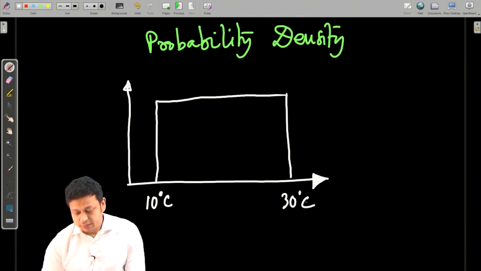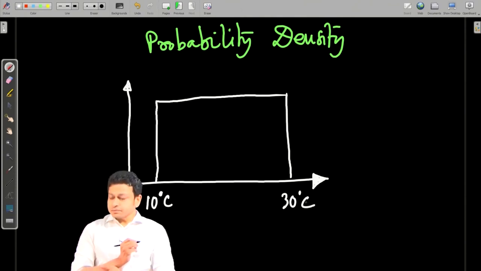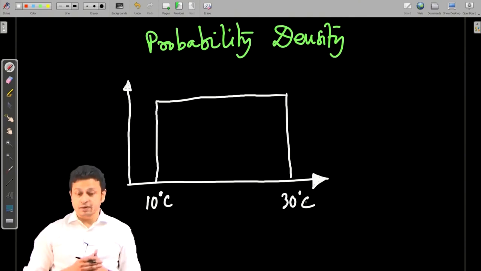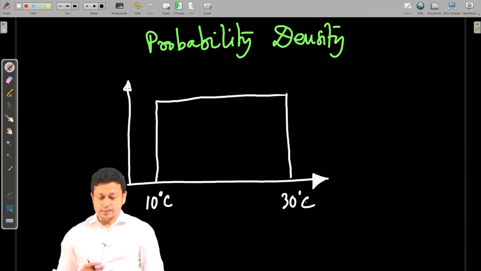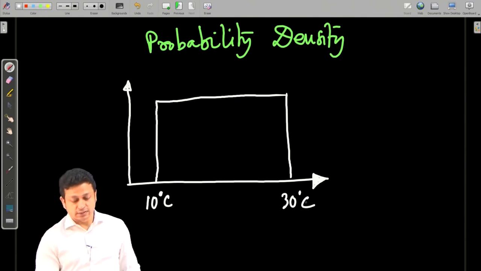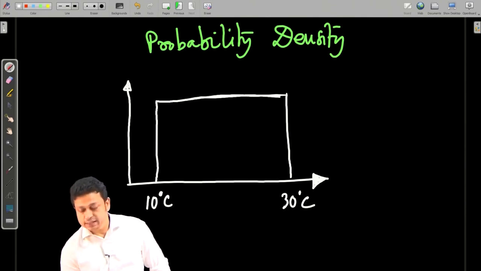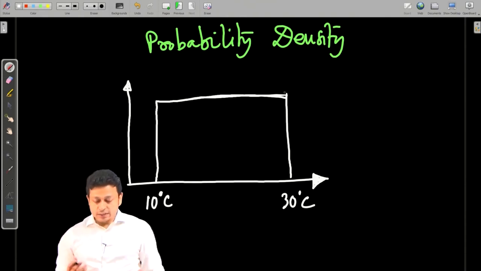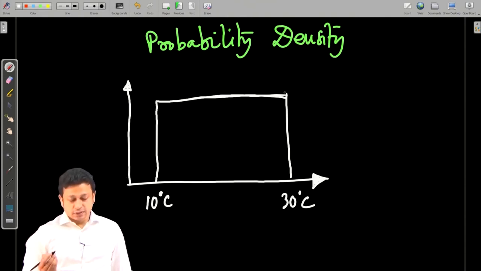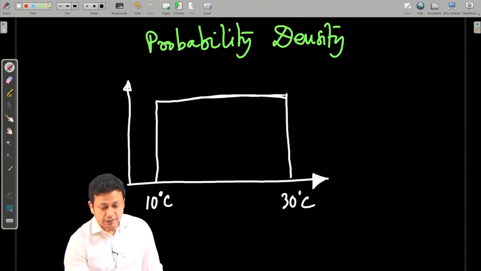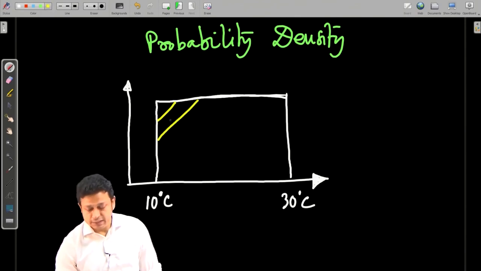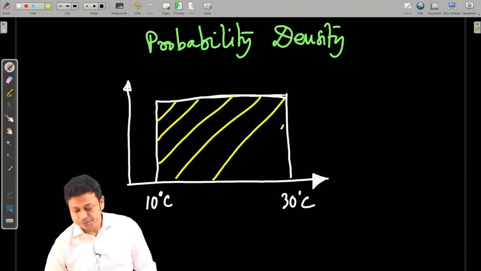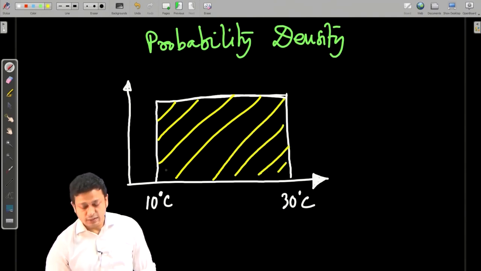Let us say the temperature is equally distributed across the year, so the line is parallel to the x axis. The area under the curve is always 1, because it is representing the total probability.